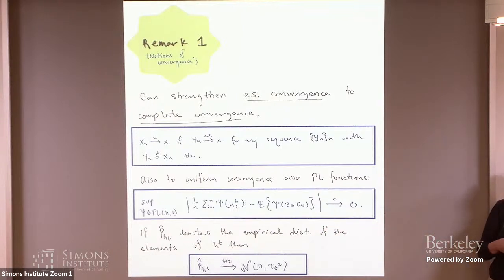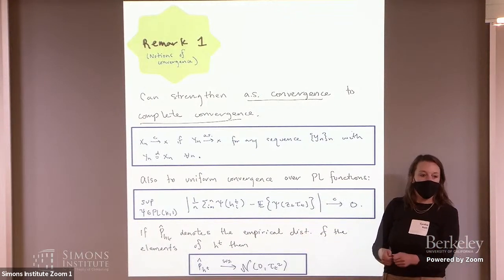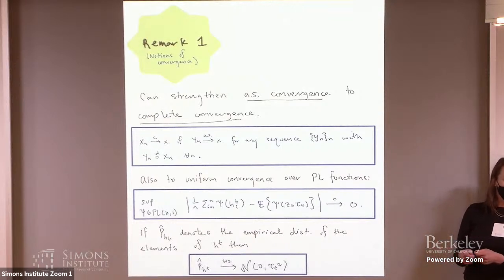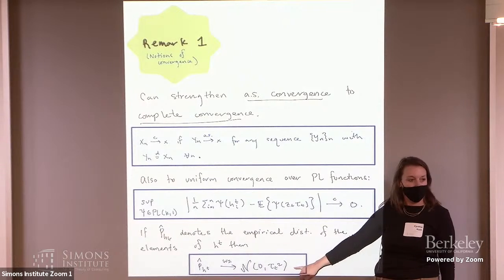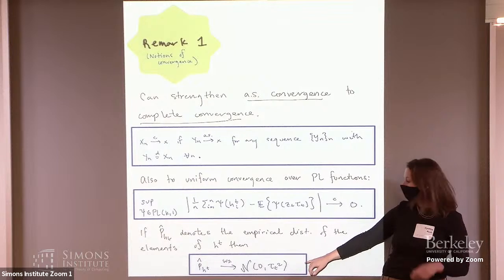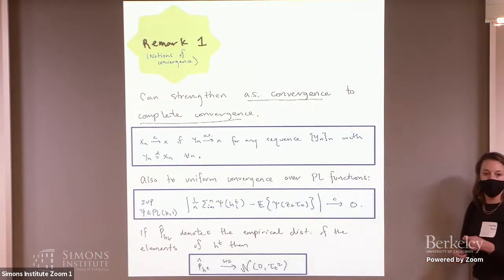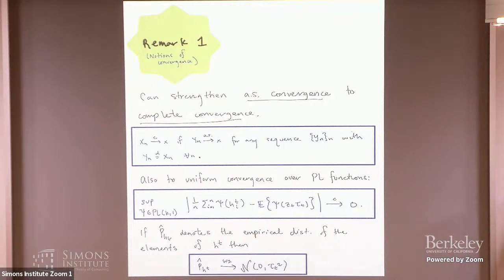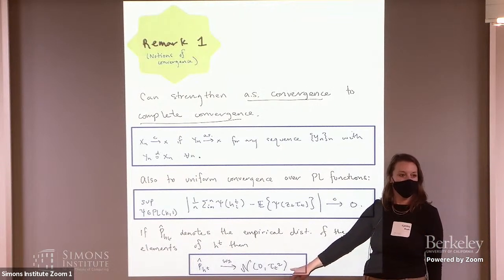So we have a vector HT, and what we've shown is that the empirical distribution of its elements converges completely in W2 to a mean zero Gaussian with variance determined by the state evolution. So you can think of this vector HT for my standard AMP as having elements as if they were drawn from this Gaussian distribution, right?